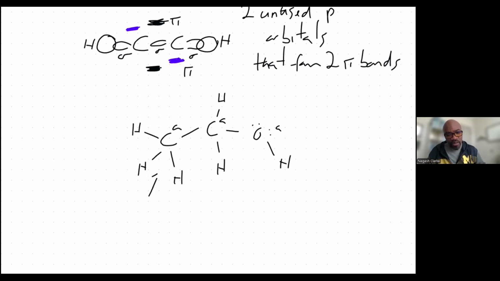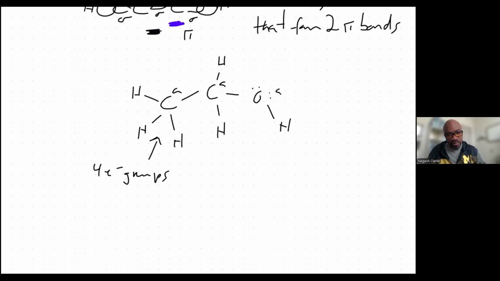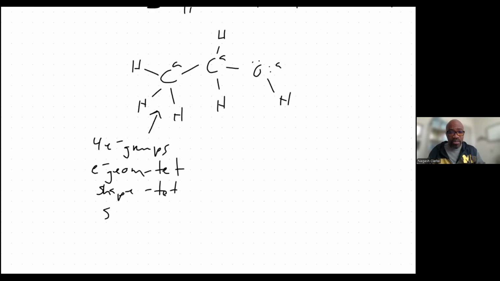We have four electron groups, and my electron geometry is tetrahedral. My shape is also tetrahedral. Hybridization is sp, what do you think? Four electron groups, sp3.